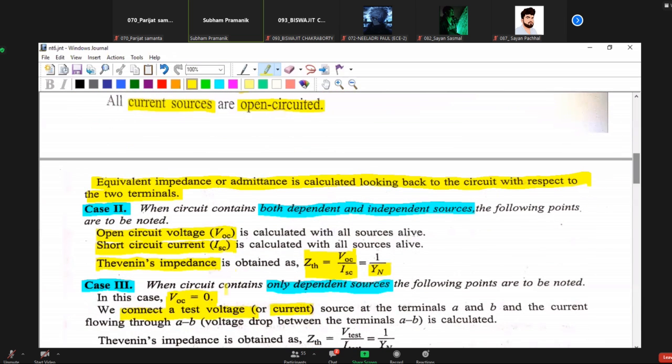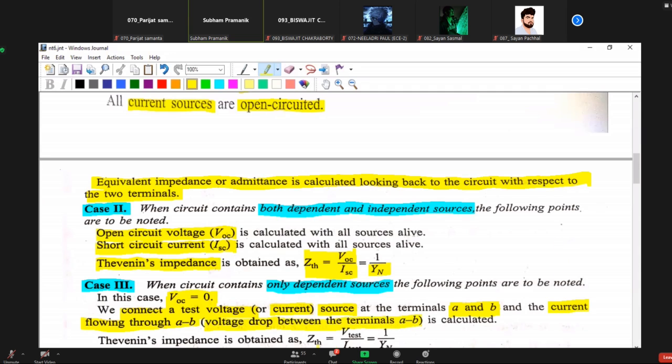So here in case 3, we connect a test voltage source at the terminals A and B, that means the load terminals. Then we find the current driven through AB, the current driven in the terminal by the voltage source. If you connect a voltage source as test, then you need to find the current. If you connect a current source as test, then you need to find the voltage drop. The corresponding things are written in brackets.